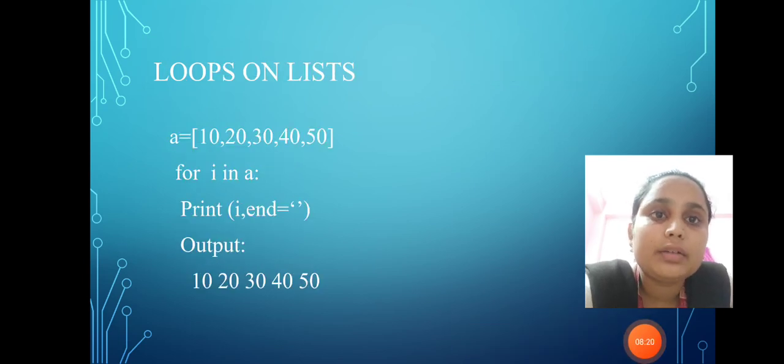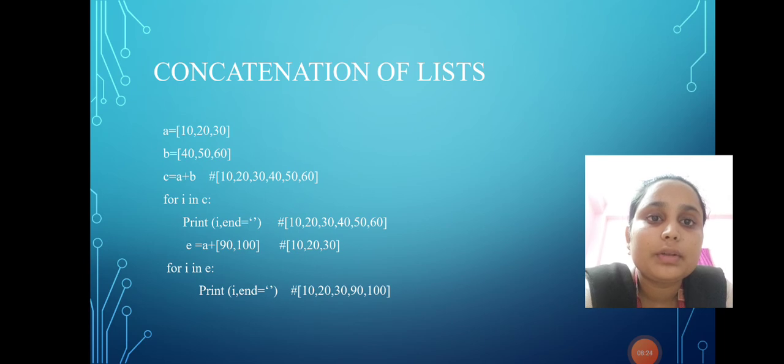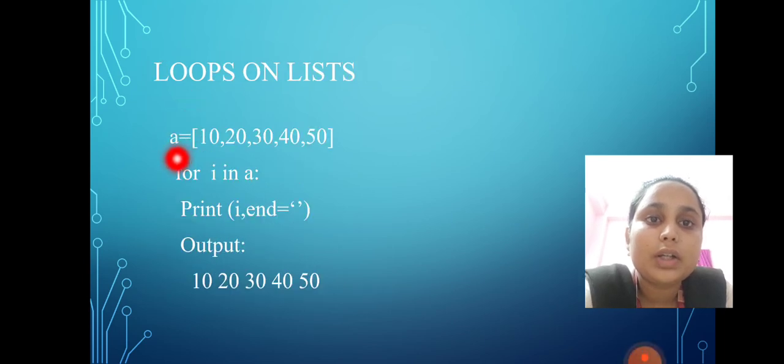Let's go to another topic, loops on list. Here I have taken a list A is equal to 10, 20, 30, 40 and 50. I have taken a for loop, for I in A, print I, end is equal to space. First, A is a list.